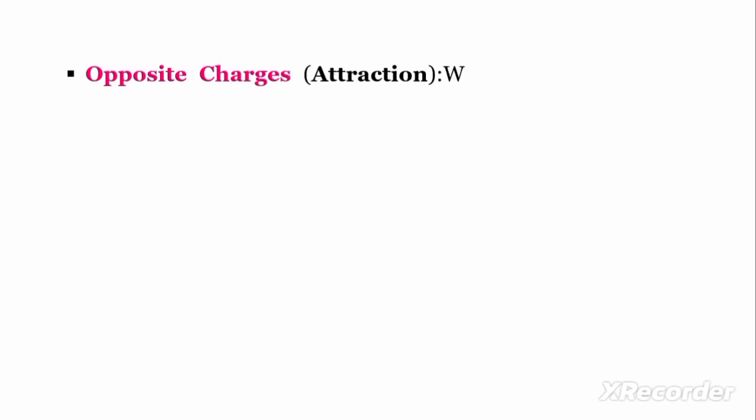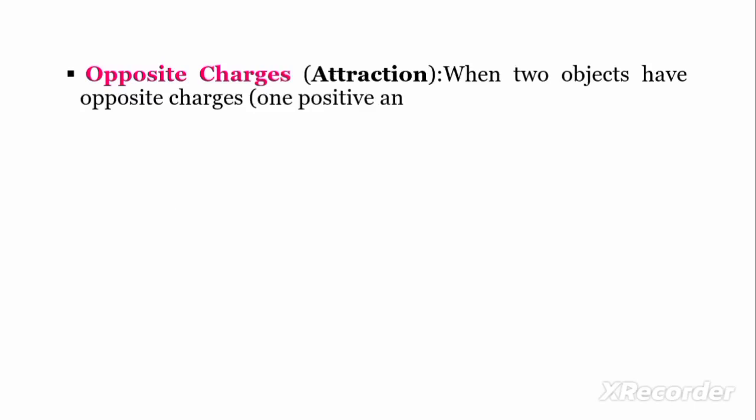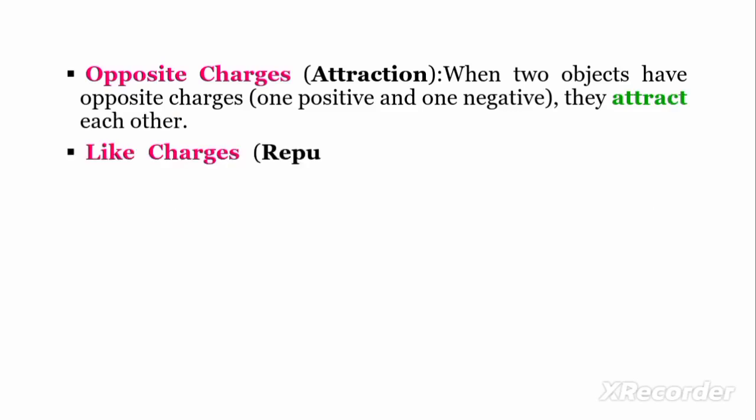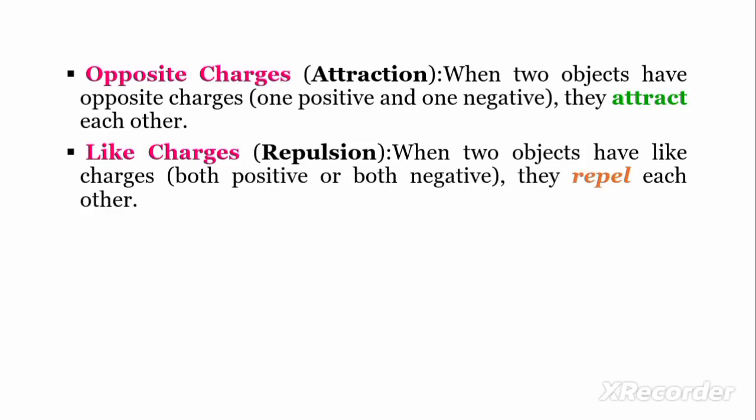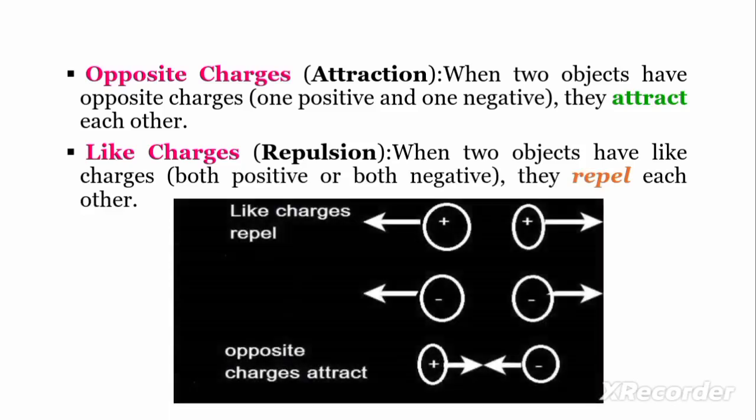To answer this question, we need to remember that opposite charges attract. When two objects have opposite charges, one positive and one negative, they attract each other. Like charges repel. When two objects have like charges, both positive or both negative, they repel each other.